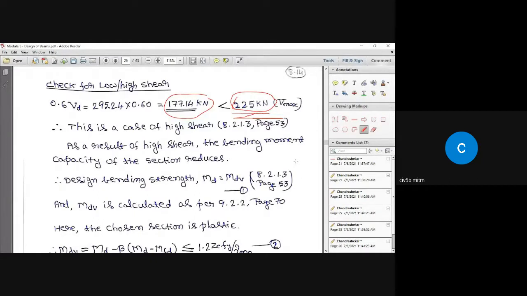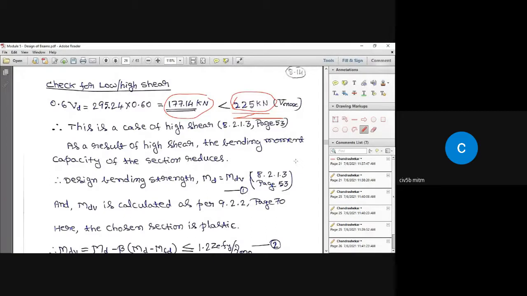So again on page 70, after the first paragraph of 5 lines, it says plastic or compact section under A. If you go a little below it, B, semi-compact section. So ours is a plastic section. The ISMB 300 we have selected is a plastic section because we checked it in the previous section.